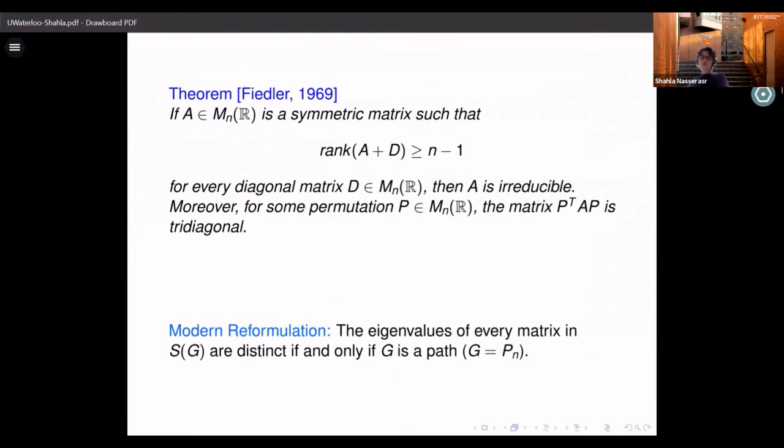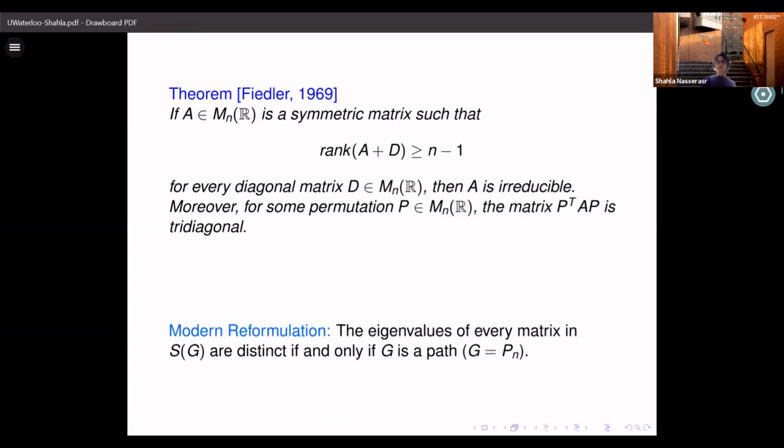The first one is an old result by Fiedler in 1969. He says that if you take a symmetric matrix such that by changing the diagonal entries, the rank of the matrix doesn't go below n-1, then that's simply the matrix of a path. Moreover, we can easily show that paths can only take simple eigenvalues, just like what Crystal did last time, but here we have weighted adjacency matrices.